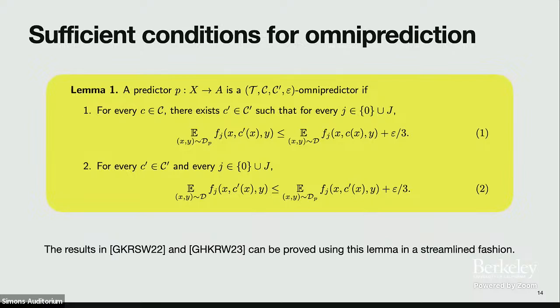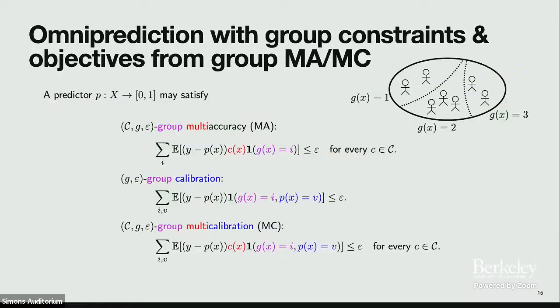And not only that, this lemma allows us to construct omnipredictors in our constraint setting. And to state our result, we need to generalize the notions of multi-accuracy and multi-calibration to the group setting. So we define group multi-accuracy to be basically the multi-accuracy condition on each group. And similarly for calibration and multi-calibration.